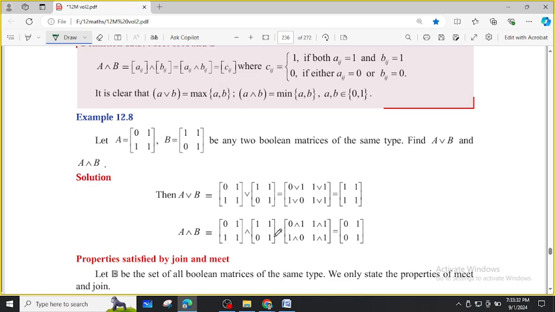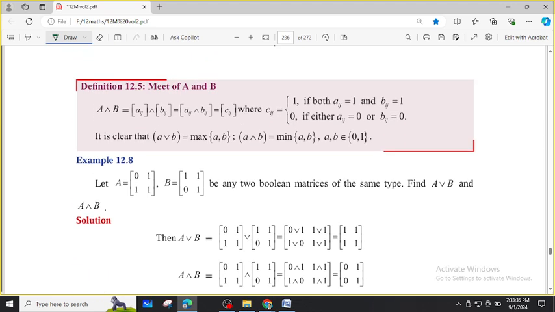So when you take the meet matrix, both should be 1. If both Aij and Bij are 1, then we can say the result is 1. Otherwise you have to take 0. For the meet, both should be 1, then only 1. So now we have two matrices A and B given.